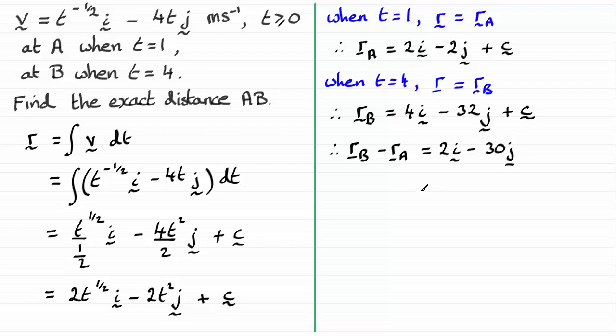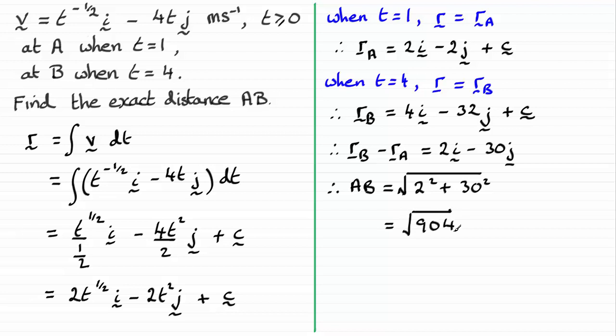And we need to get that distance AB, and we know that that distance AB is equal to the modulus of RB minus RA. So that's going to be equal to the square root then of the sum of the squares of these two components. So that's 2 squared plus the 30 squared. Work that out, you've got 4 plus 900, so that's the root then of 904.